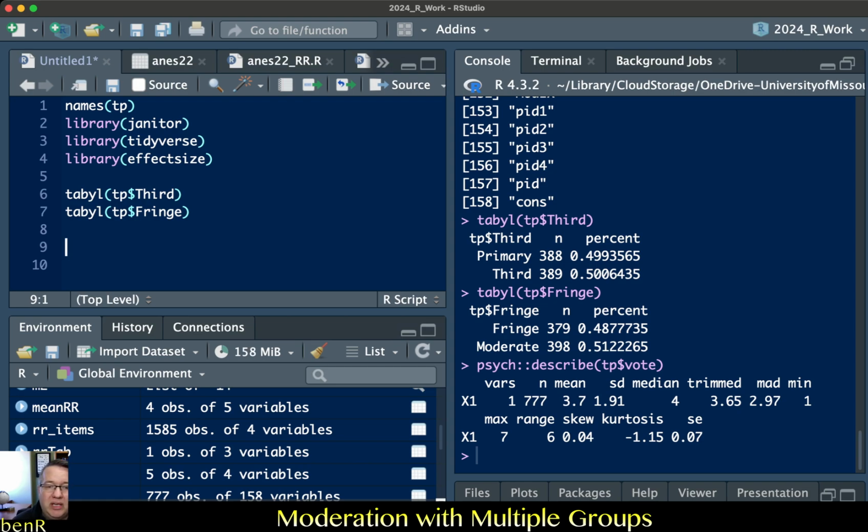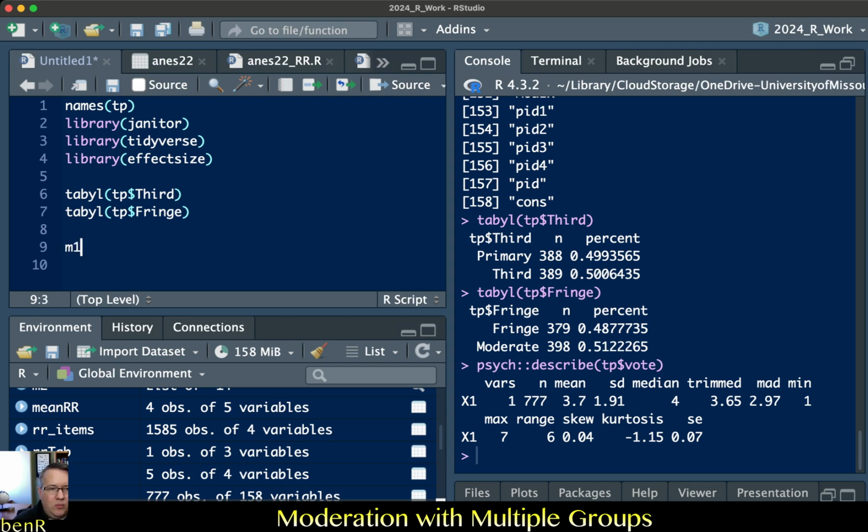The second question would be, is the fringe candidate more or less likely to get vote support compared to the moderate candidate? And then the third question would be, do these two things interact? In other words, if you're a third-party challenger, is it more beneficial to challenge from the fringe or to challenge from the middle? So we can do a simple Factorial ANOVA to check that out.